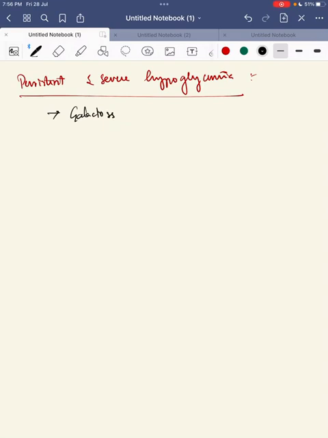This can be due to galactosemia, fatty acid oxidation defect, or glycogen storage disorder.